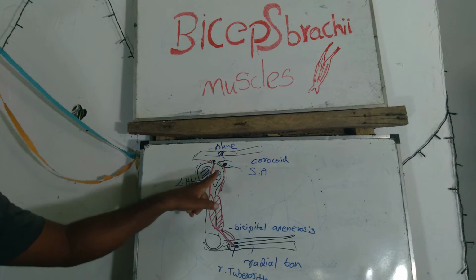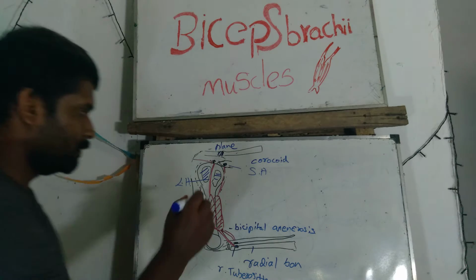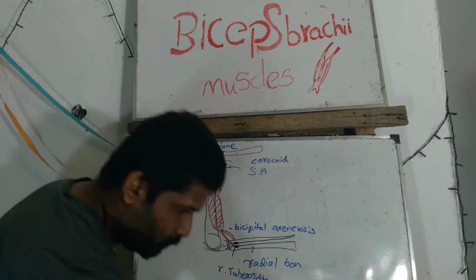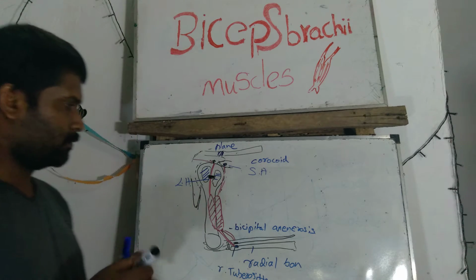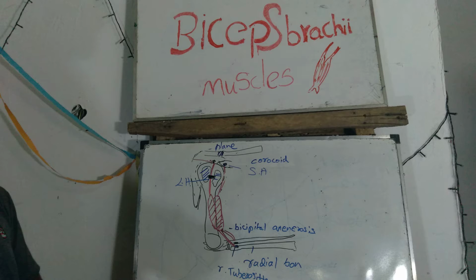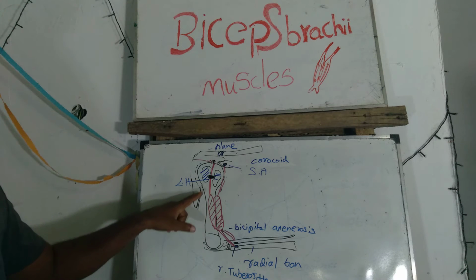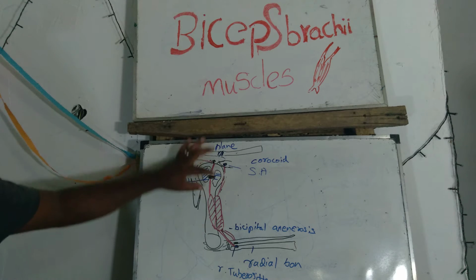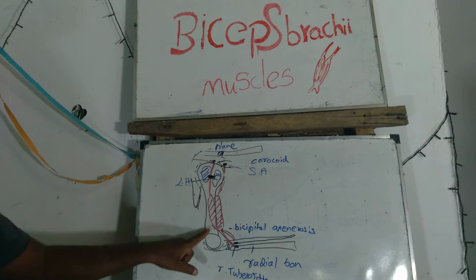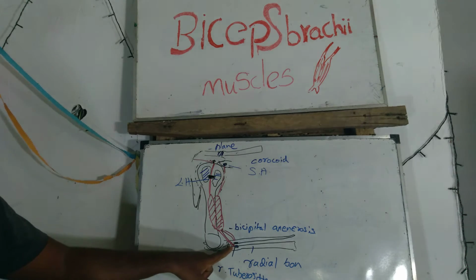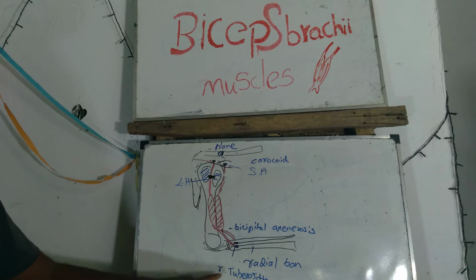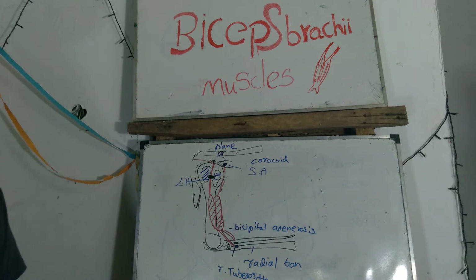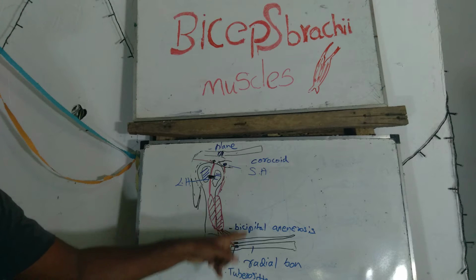There is a transverse tendon in between. Then beneath the humerus anteriorly the muscle comes downward, inserting by the lateral tendon to the radial tuberosity and the medial tendon, the bicipital aponeurosis.